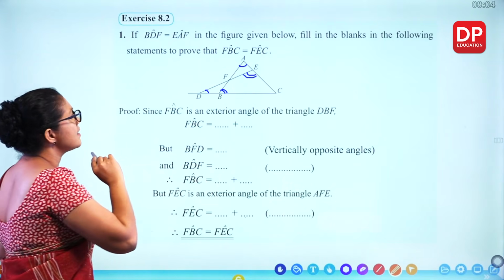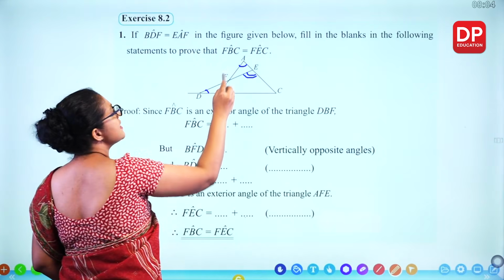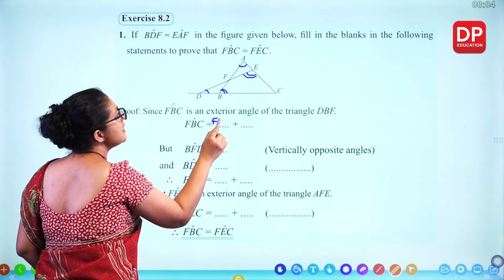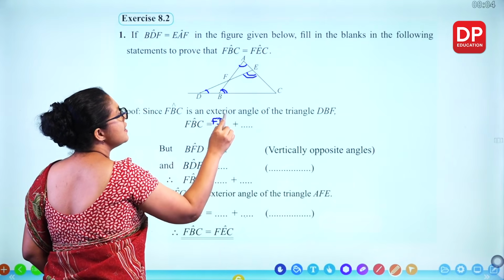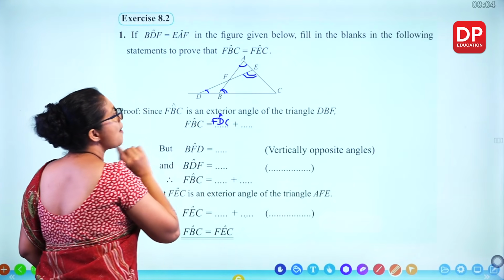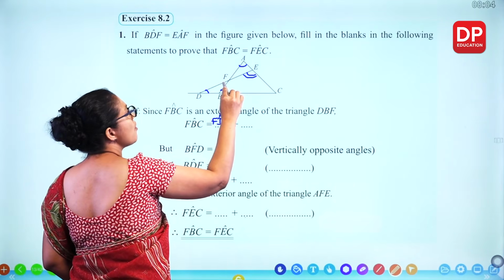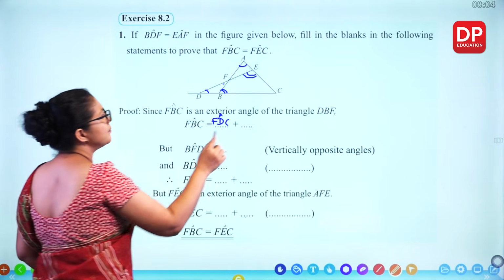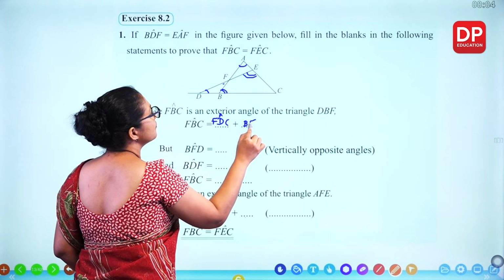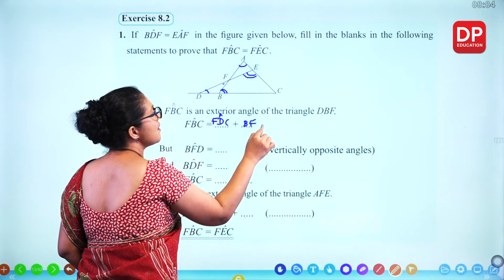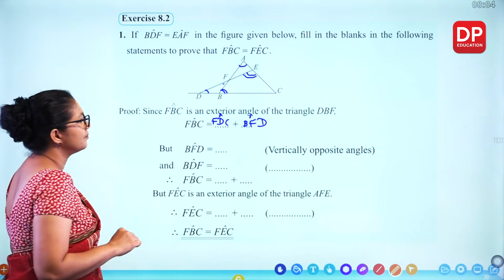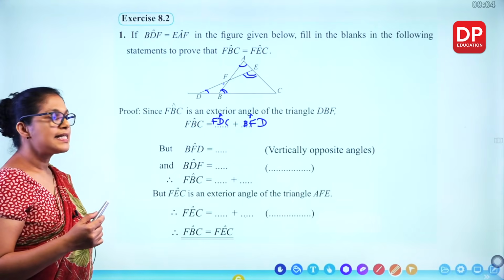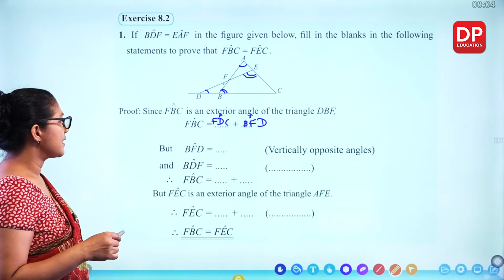So I can write FBC is equal to FDB or FDC angle plus this small angle. So this small angle is BFD. What's the reason? Sum of opposite interior angles add up to exterior angle.